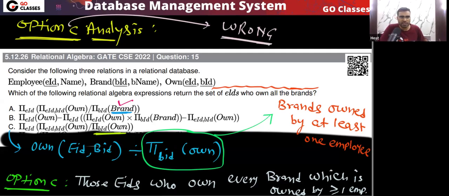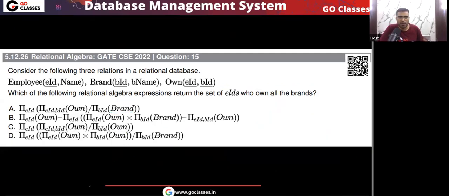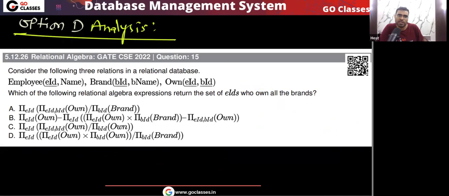What about option D? Can you tell me? Let's see the option D analysis. Please tell me what is the analysis of option D? In option D, what are we doing? Notice what we are doing here. We are finding EID from the on table and BID from the on table, and we are doing their cross product.